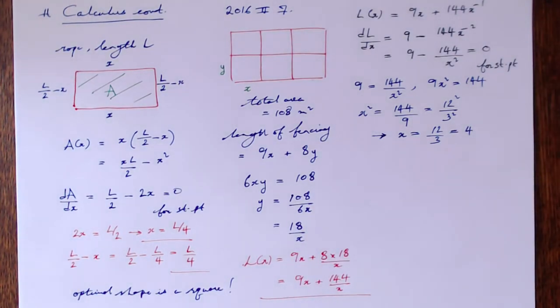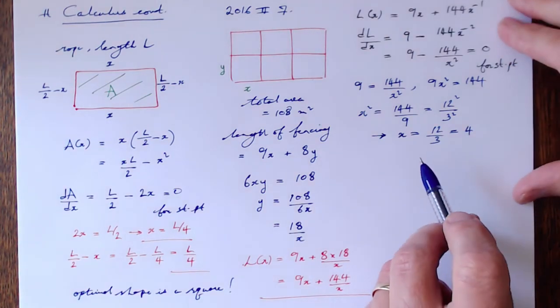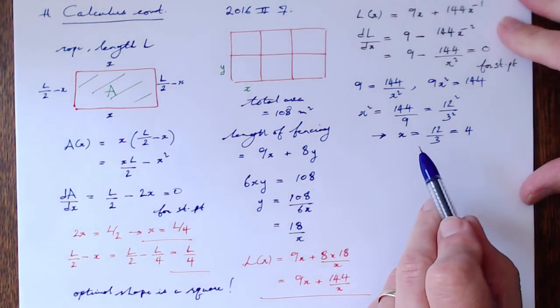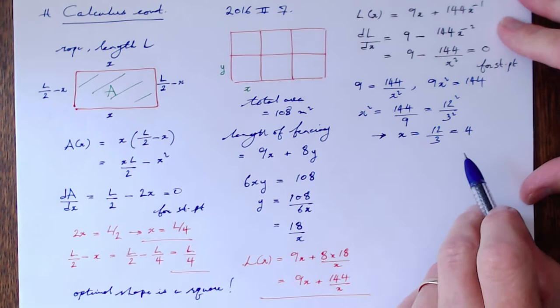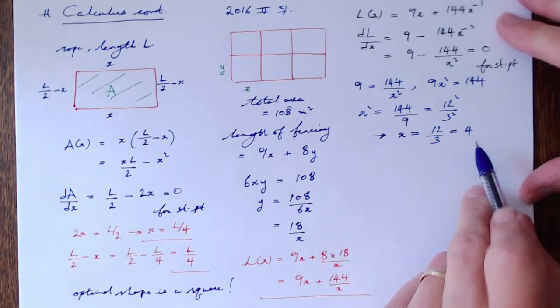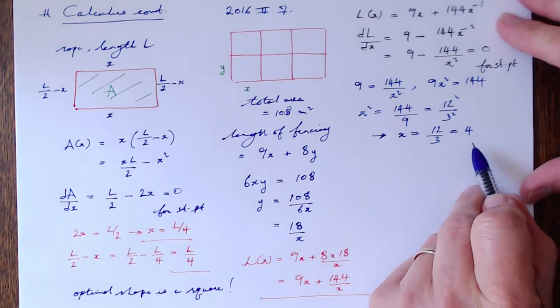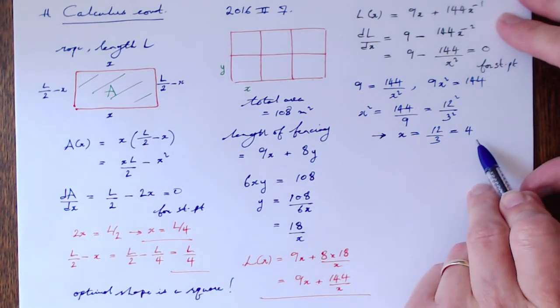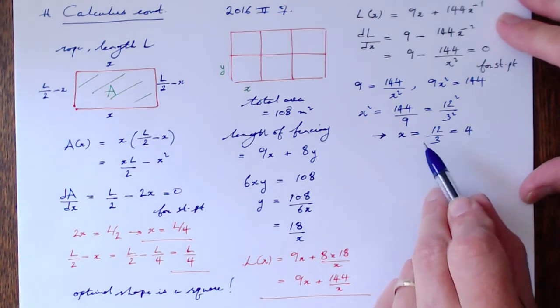So that's fine. The value of x which optimizes this function is x equals 4, and in that case we can work out what the length of fencing would be in total.